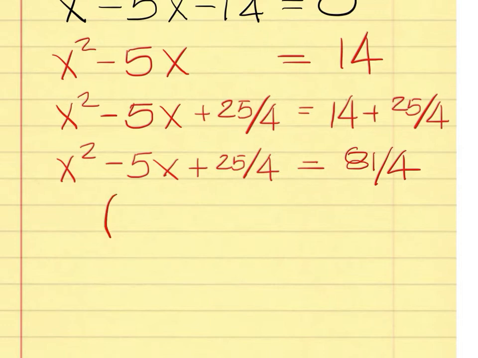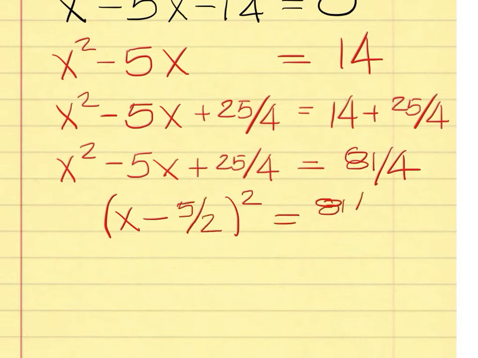So here it is, and I need x, the sign from the middle, minus, and what was my expression that represented half of the middle term? No. How did we find half of the middle term? 5/2. On the right-hand side, we still have 81/4.